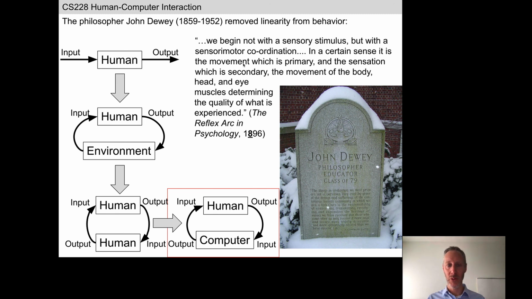What we're really looking for is what he called coordination here, or a circle. A human, all of us, since the day we were born, we are acting on the environment, whether we're aware of it or not. We are pushing against the environment, literally and figuratively, and we are observing the results of our actions. The environment pushes back.